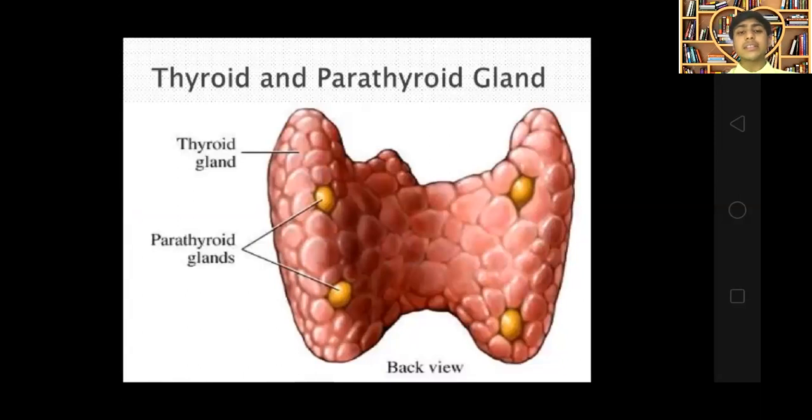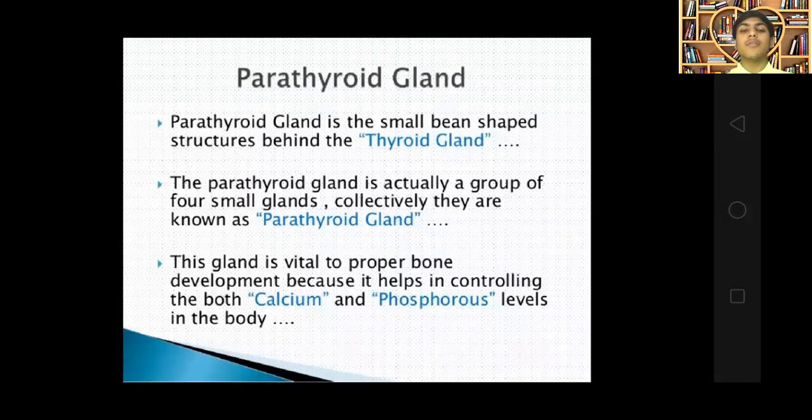Now, where are the thyroid and parathyroid glands situated? The thyroid gland is situated at this portion, also known as the Adam's apple, in the front part of the neck. Besides that, there are two lobes of parathyroid glands. It's a back view. Now we are dealing with the parathyroid gland. The parathyroid glands are small bean-shaped structures behind the thyroid gland.